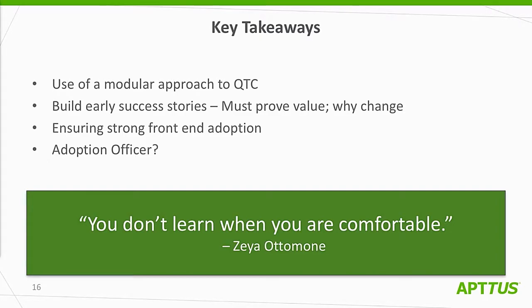And unless you can really prove the value of why people should stop doing what they're doing today and get on board with the CRM or CPQ, you've got to be able to truly and honestly tell them that it is going to reduce the amount of work they do today, or significantly improve their performance, not only of their department, but the company as a whole. So building value is key, and then ensuring strong front-end adoption.